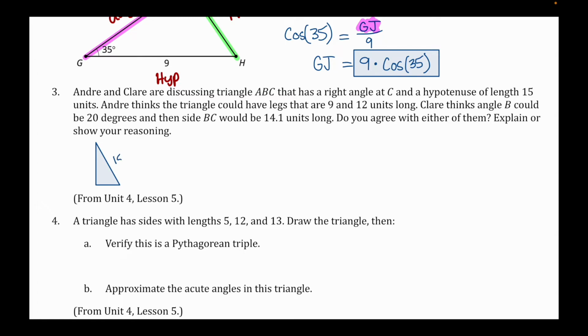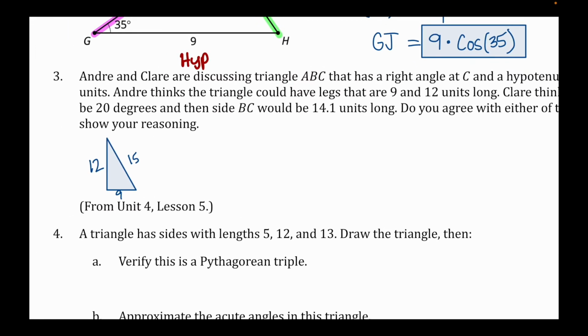If this was 15, then this would be 9 and 12. And if you can recognize it, this is actually a multiple of 3, 4, 5, which we know is a right triangle, but we can still show that here. We're going to show 9 squared plus 12 squared should give us 15 squared. So this would be 81 and 144, and we want that to equal 225.